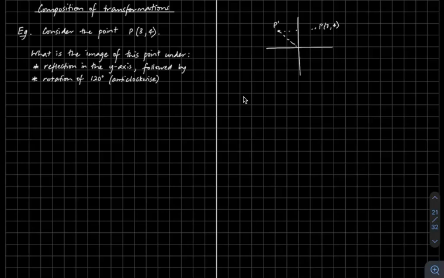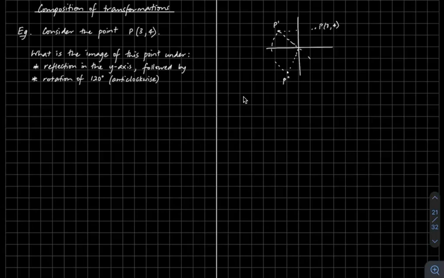So thinking about the angle that it makes there, we want to go 120, which would be maybe about here, let's say. So it's coming around, staying the same distance from the origin, and we'll call that the second image point there, P double dash. So that's the point that we're interested in finding the coordinates of.